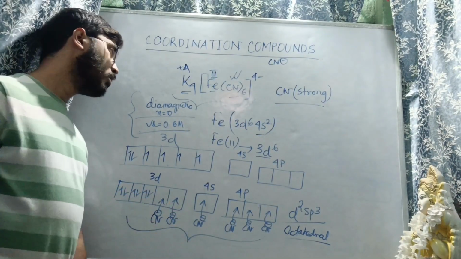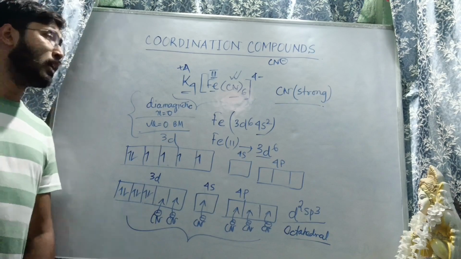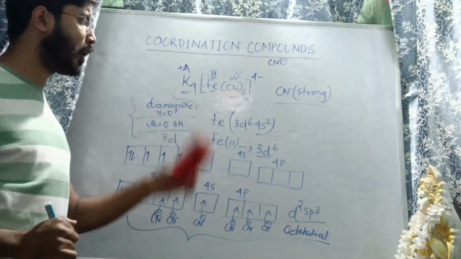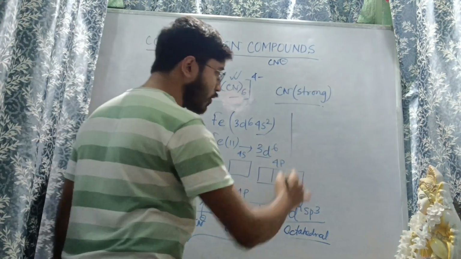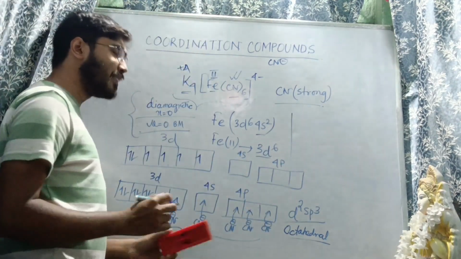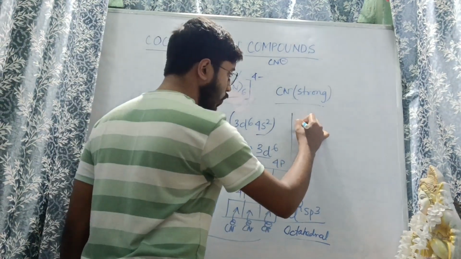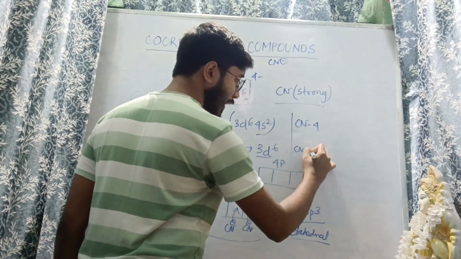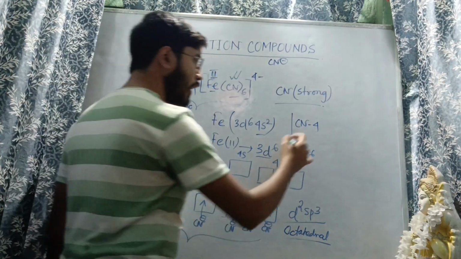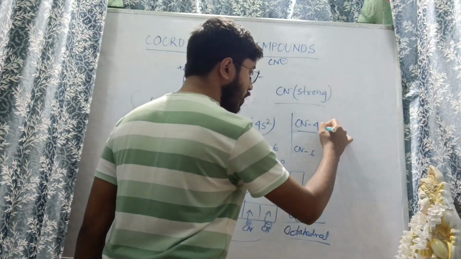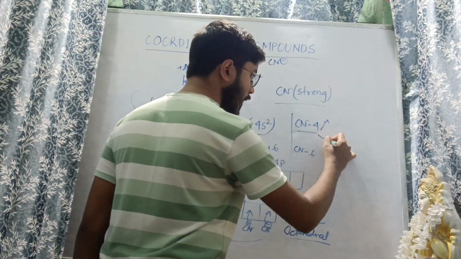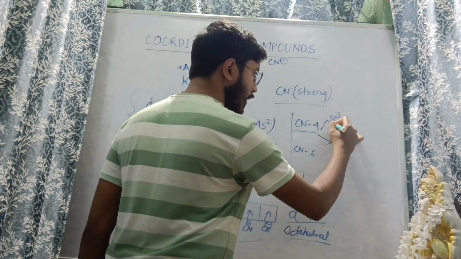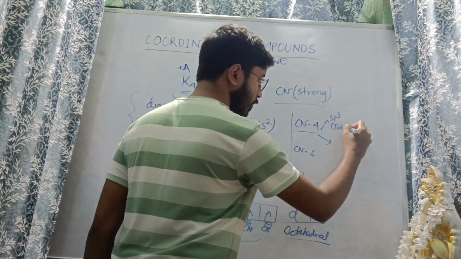So today we mainly discussed the bonding pattern of coordination compounds. In our syllabus, only 2 coordination numbers are there, that is coordination number 4 and coordination number 6. In coordination number 4, 2 types of structures are there. When the hybridization is sp3, the structure is tetrahedral.